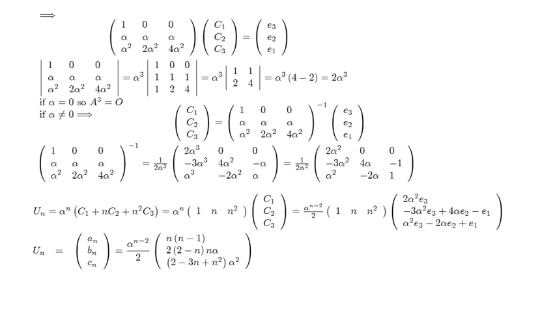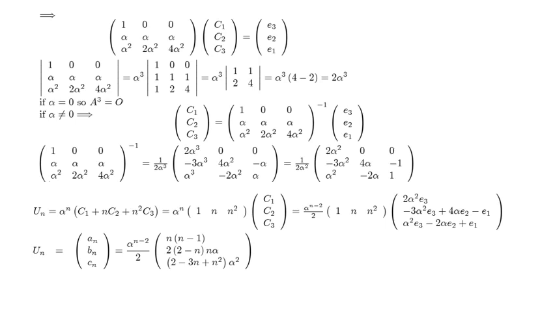And now the matrix is different, like this. This matrix has a determinant depending on alpha. So there are two cases. The first is simple, if alpha were 0, so A cubed, the third power of A, is 0, and if alpha is different from 0, firstly the matrix is invertible, and we calculate its inverse.